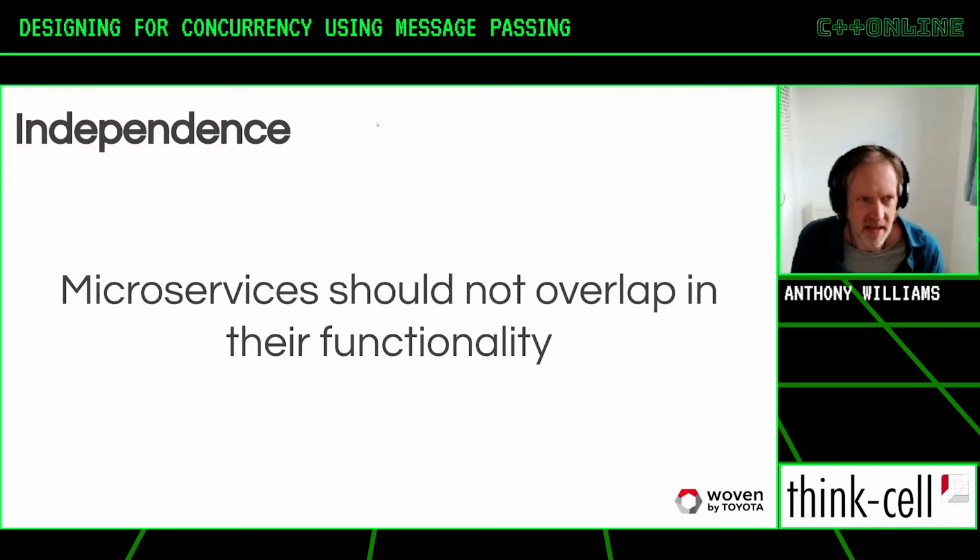And then related to that, they need to be independent. So that you don't push it so far that you say, well, this microservice is responsible for initializing my window, and this microservice is responsible for putting some text in the window, and this microservice is responsible for dealing with mouse messages in the window, because they all need to interact with the same window.